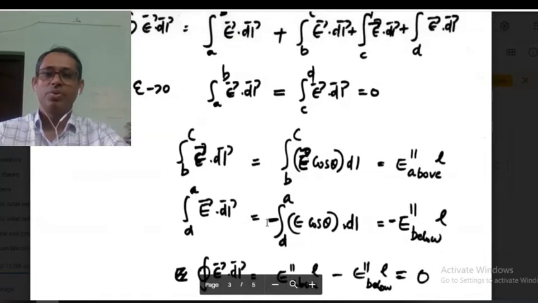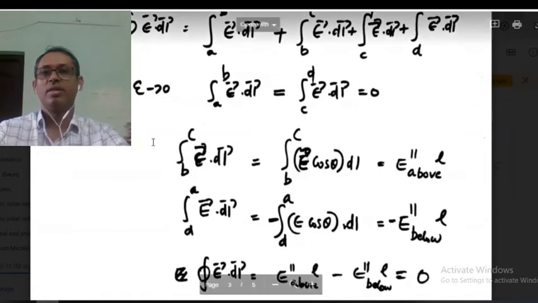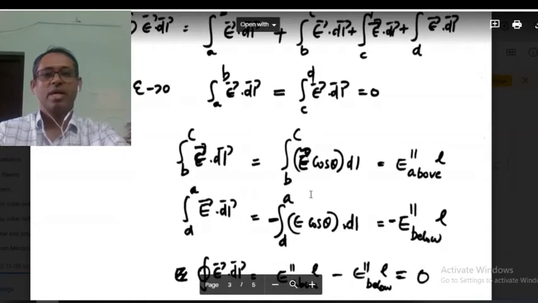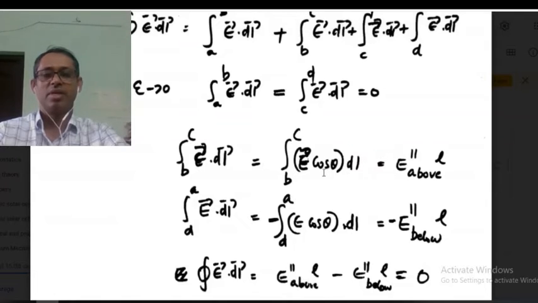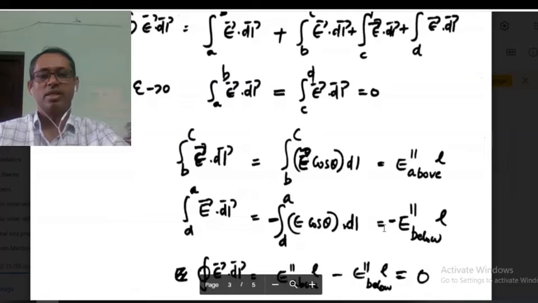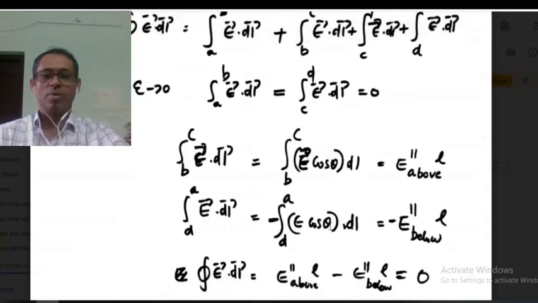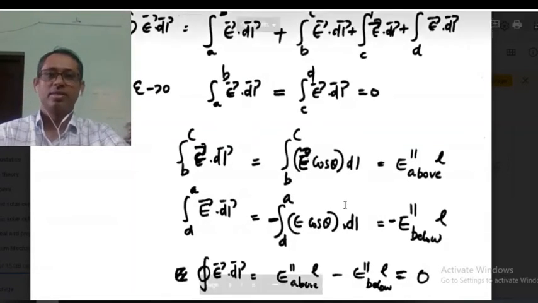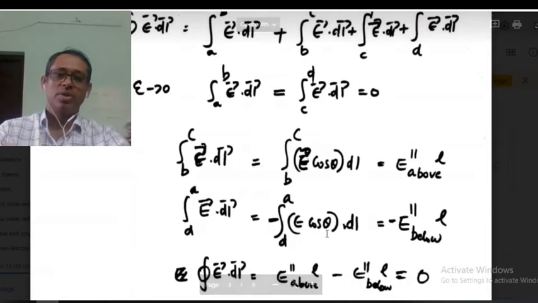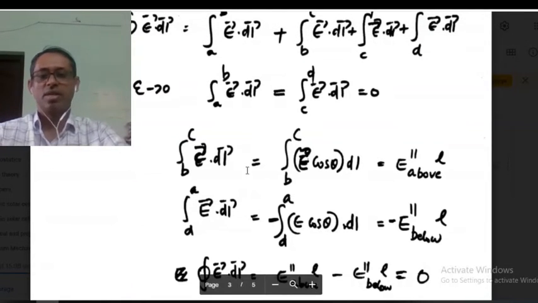Then from D to A in the opposite direction, E dot dl is equal to minus. Here we are taking minus because this is opposite to the dl that we consider here. So minus the integral D to A E cos theta dl, that is minus E parallel below times L. E cos theta is the parallel or tangential component below, because A to D is the path below the surface.